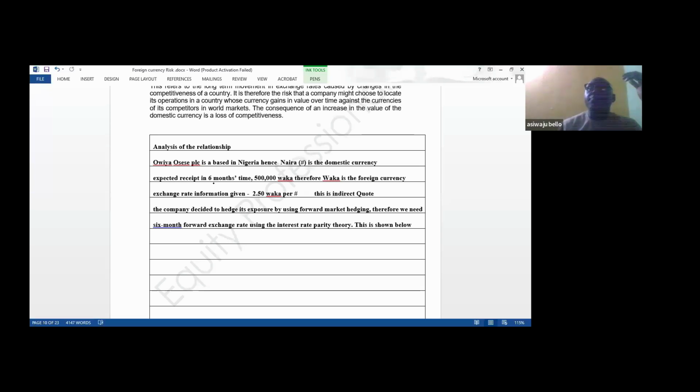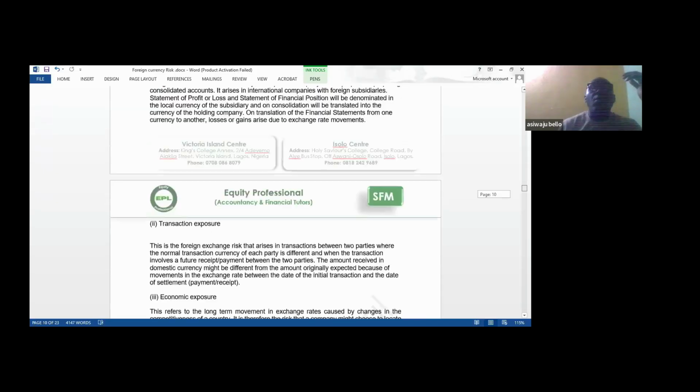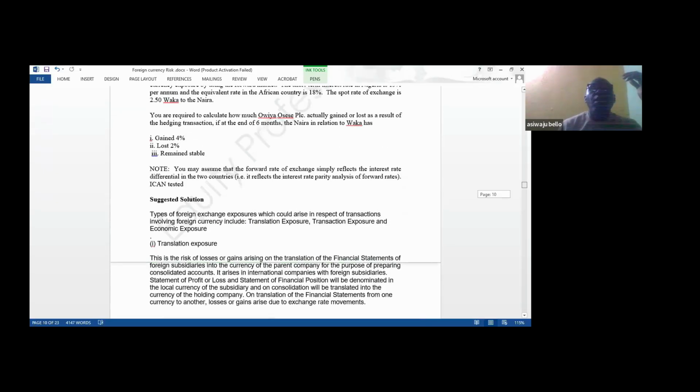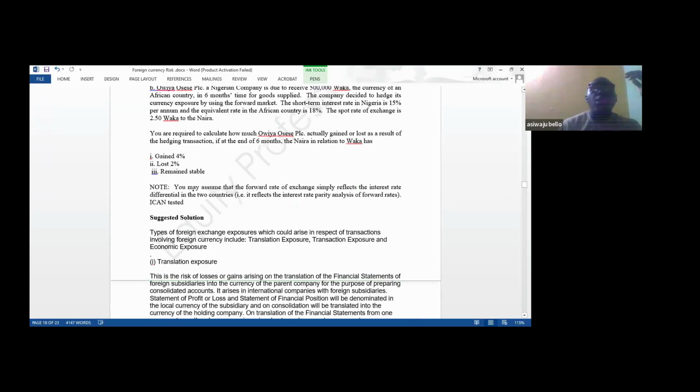Note, you may assume that the forward rate of exchange simply reflects the interest rate differential in the two countries, that is, the interest rate parity analysis of forward rates.